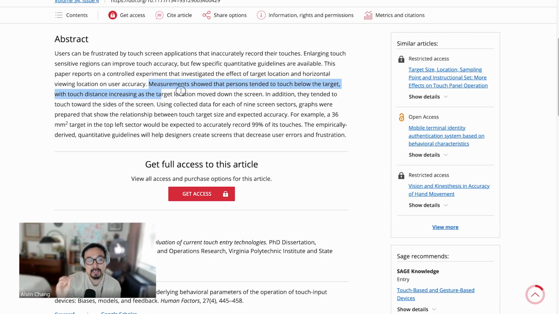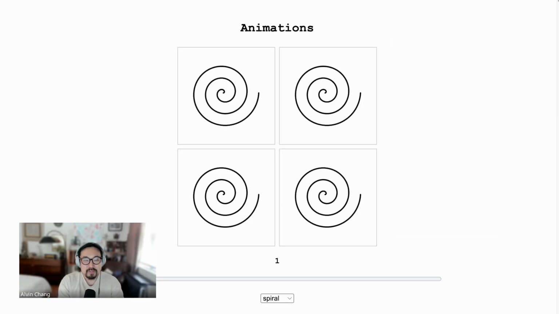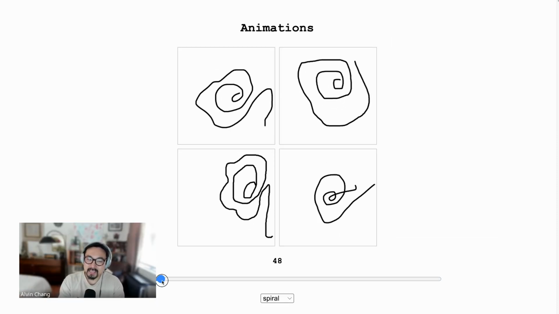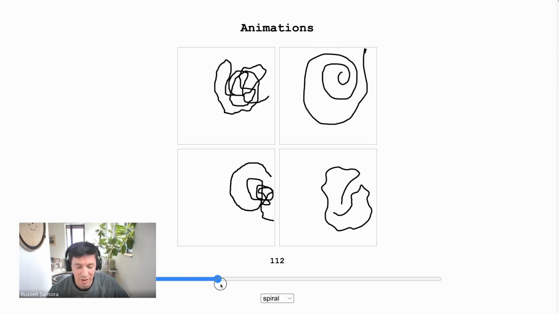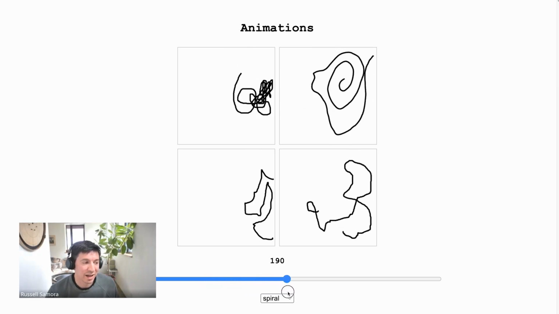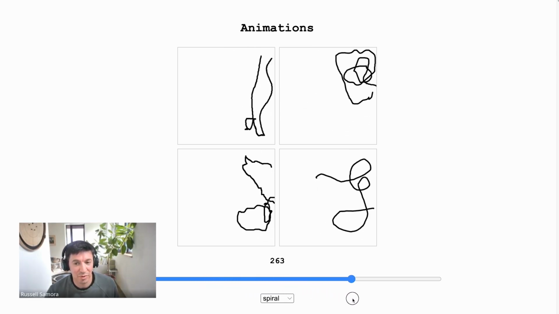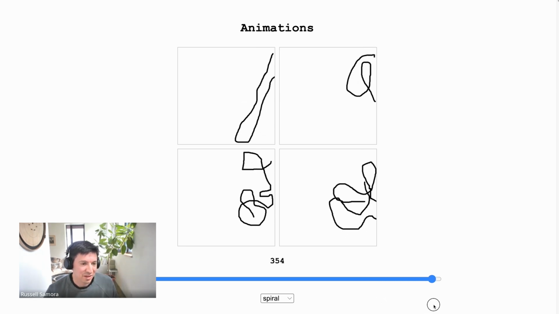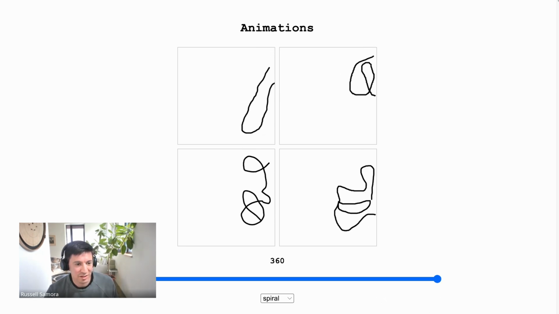But they found people tended to touch below their target, and people tended to touch closer to the edges of the screen. And so I figure if it's right-handers who are missing, you're going to be missing to the right. We probably had about half the users on mobile, and 90% of those are probably right-handed. So it would make sense that it would gradually go to the right.